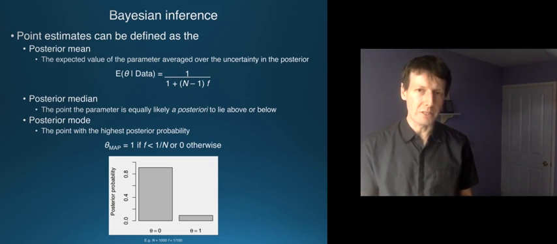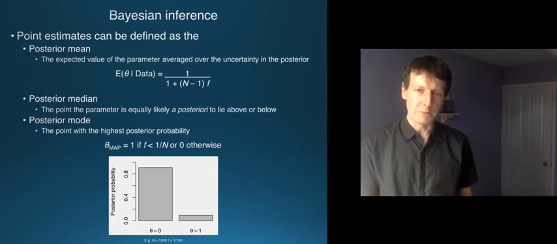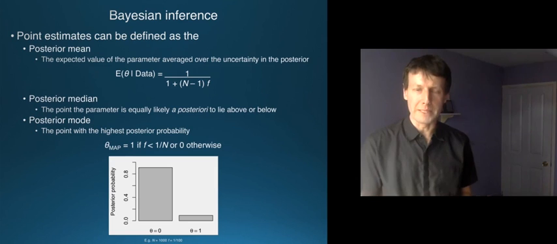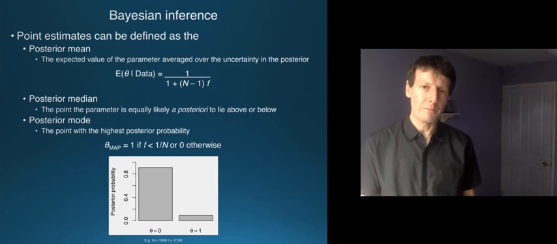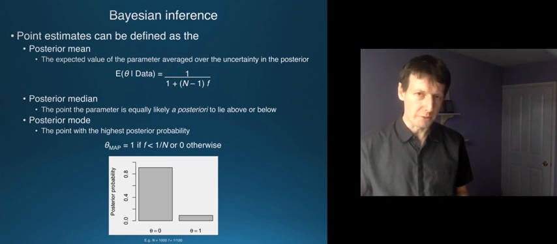These are all different averages, and you can write down different equations. In a sense, the mode corresponds most closely to what you do under maximum likelihood. So you find the value of the parameter which maximizes the posterior probability, and that's known as the maximum a posteriori estimate, or the MAP estimate. And that's what we saw on the previous slide.